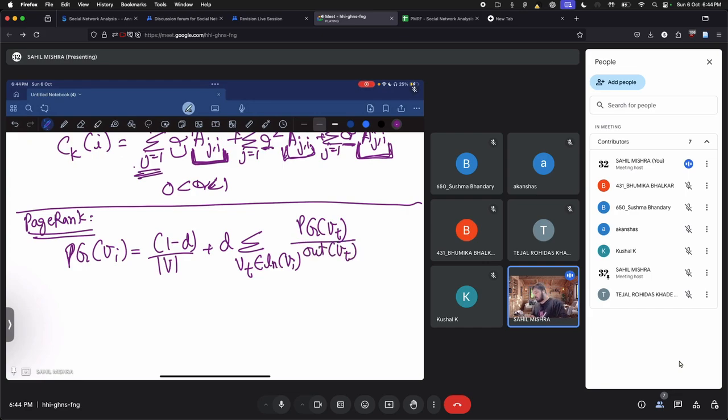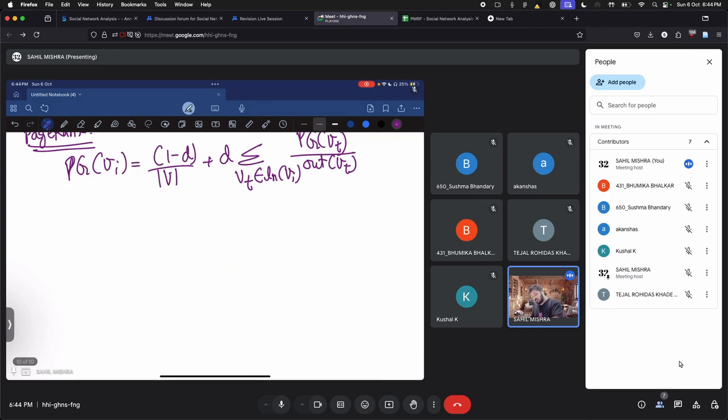Can anyone explain this formula to me? So first I'll explain this thing. In(vi) tells this is a set of nodes vj which point towards vi.